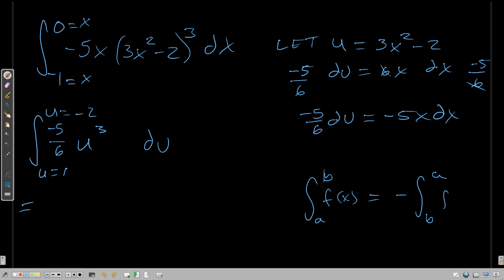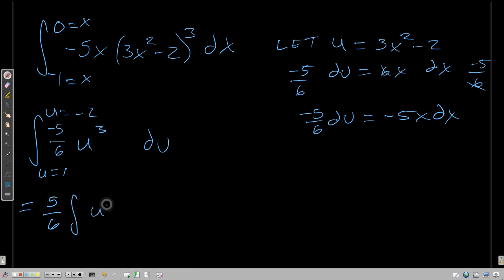That's really easy to show why that's true. And my integral already has that negative because of the negative 5/6, so I will just say 5/6 integral u cubed from -2 to 1 du.